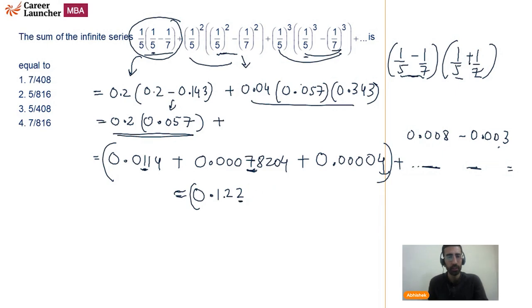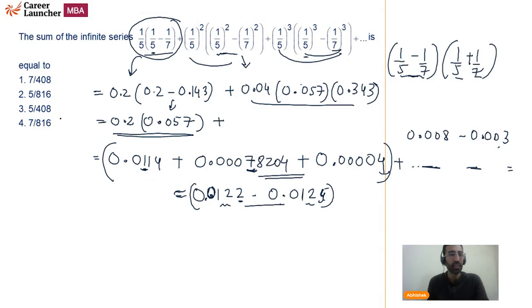Maybe there'll be a change here. So maybe our answer will be 0.0123ish or 4ish, right? Something of that sort, or maybe even a 5ish. See, these digits are not going to change. If you keep shifting from the sixth decimal place to the seventh, they're not going to change. So these three values are almost the entirety of your answer.